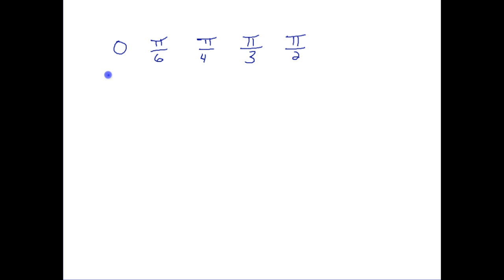These are what we call the reference angles that we're going to use, because in some ways we can rewrite all the other angles in terms of these, and we'll explain how we do that later. But we're just going to focus on these 5 angles here. Now, if you want to know what these are in degrees, we can rewrite these. This is 0, this is 30 degrees, this is 45 degrees, this is 60 degrees, and this is 90 degrees.